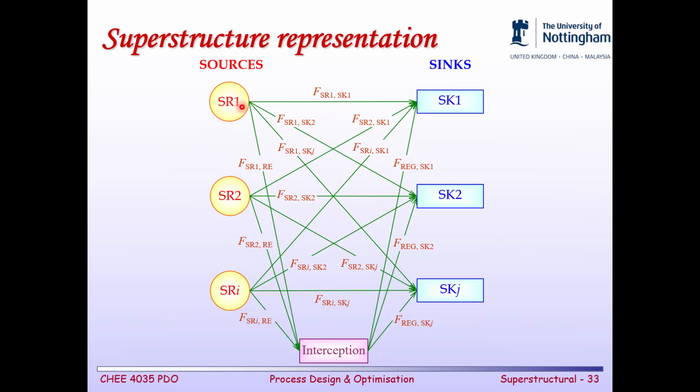Since this is a superstructure, it just shows all of the possible connections. Even the direct connections are shown and also the regeneration connections are shown. Remember, superstructure representation shows all possible connections.